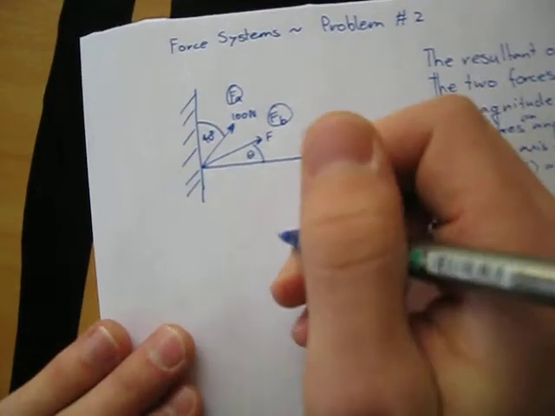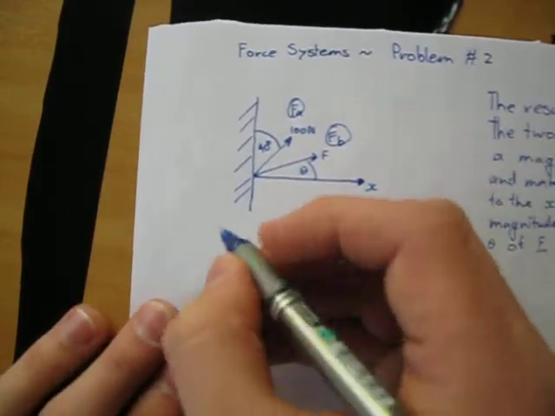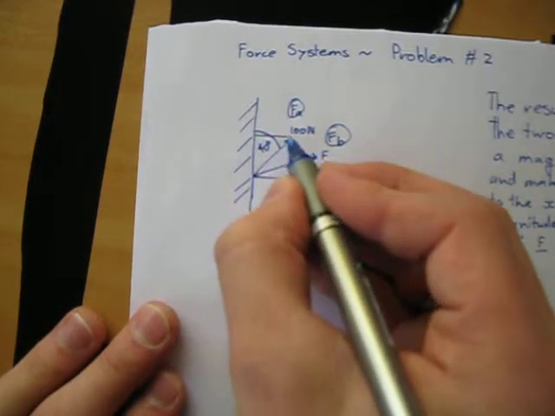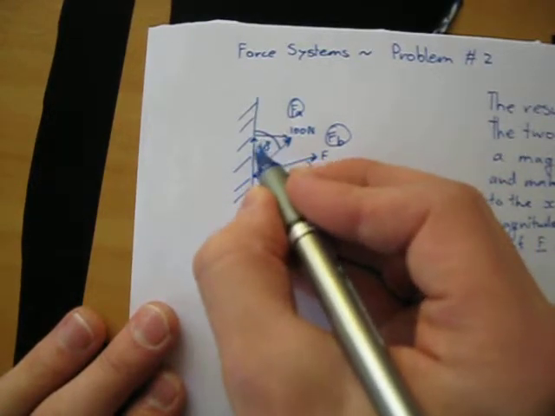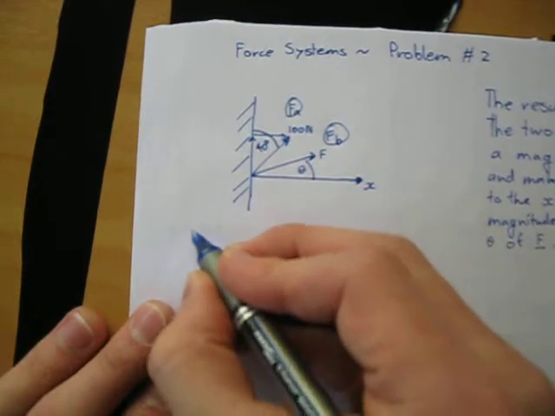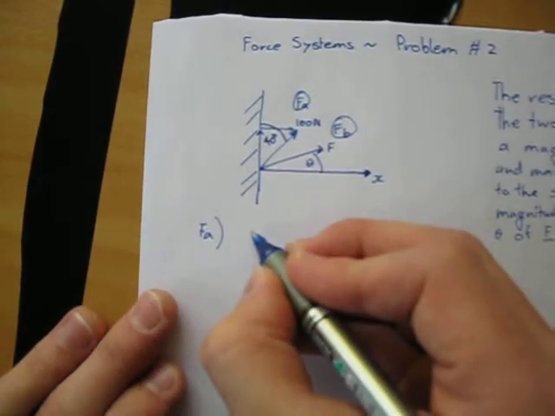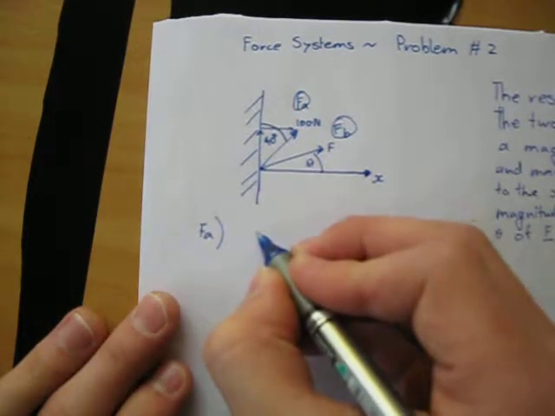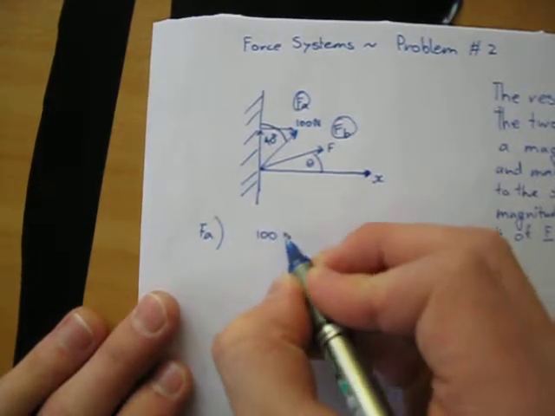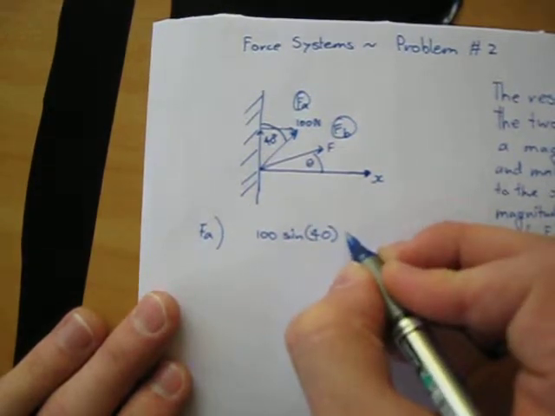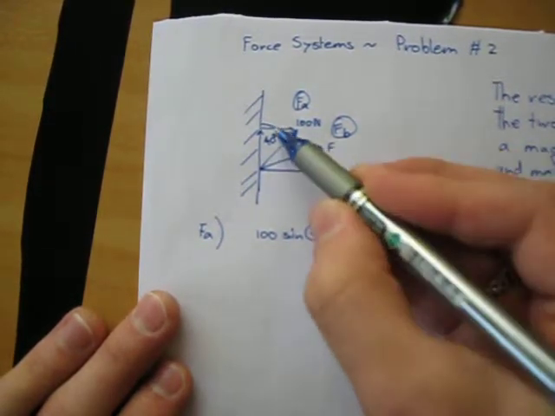and let's just work out force A. What is force A in terms of horizontal and vertical components? Well, that's fairly easy because you've learnt that in the last video. So FA is equal to 100 sine 40, and this is your I value because we're finding this value here.